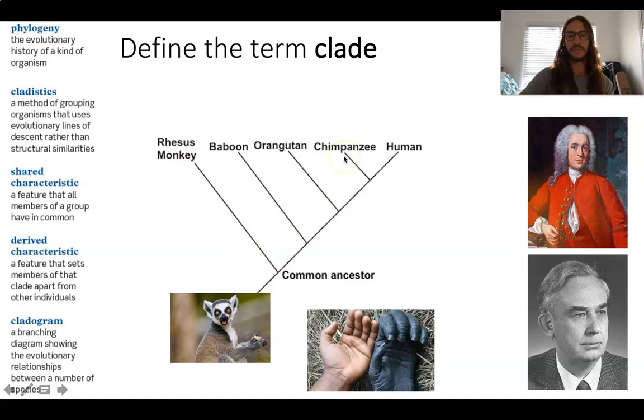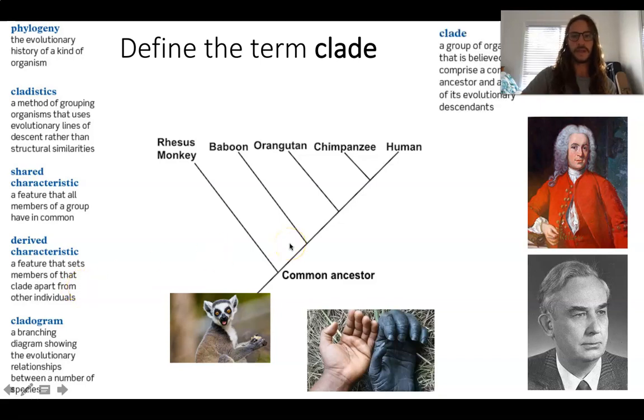As well as shared characteristics, you can see that different species branch off from a common ancestor. This is due to different characteristics between the species, which is also known as derived characteristics. It's a feature that sets members of the clade apart from other individuals. The clade is basically the group of organisms in question. Group of organisms believed to comprise a common ancestor.